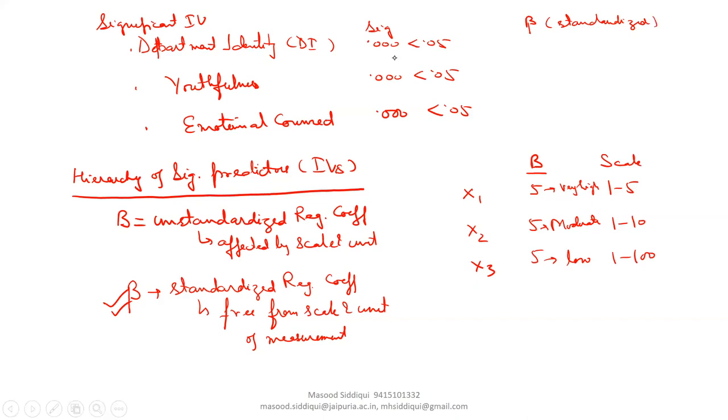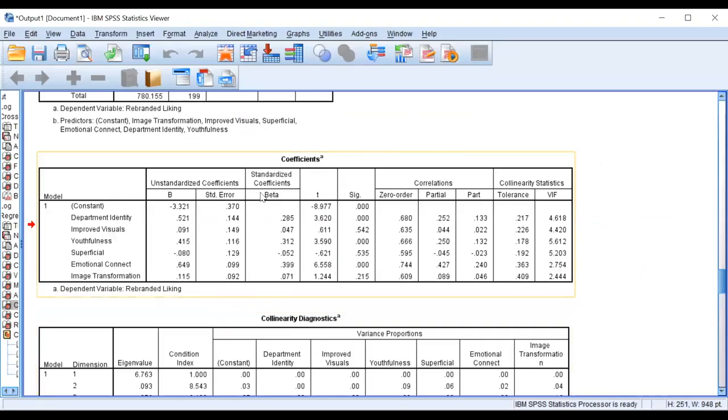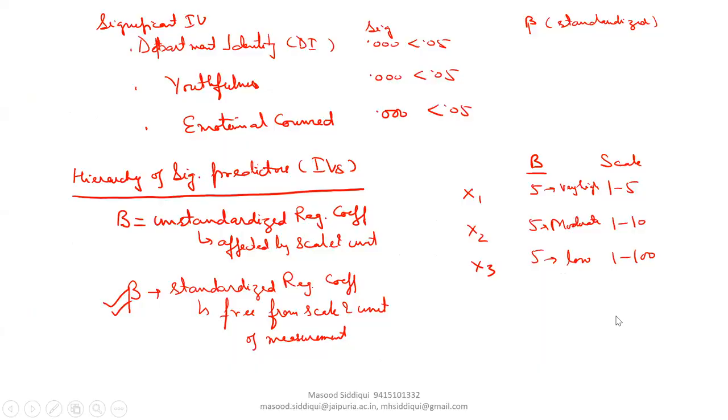So let me show the output. The standardized coefficient beta for departmental identity is 0.285.